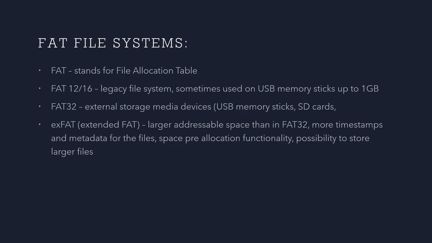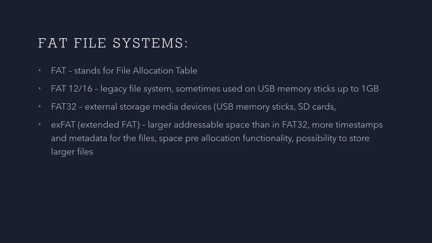First of all, quite legacy file systems like FAT12 and FAT16. Probably you will not see FAT12 anymore, but FAT16 may exist on some smaller capacity USB memory sticks up to 1 or 2 gigabytes. Most frequently, you will see a FAT32 file system, which is used on external storage media devices like USB memory sticks and SD cards.